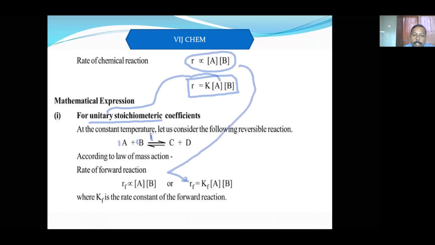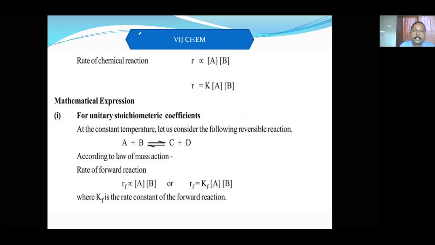This is the forward reaction, this is the backward reaction. So the rate of forward reaction is equal to Kf into [A] to the power of 1 and [B] to the power of 1, where Kf is called the rate constant, the specific rate of reaction for the forward reaction. Let's see the next slide.